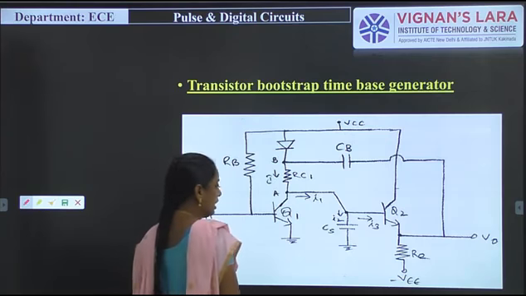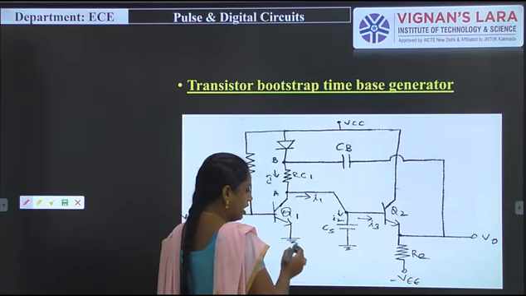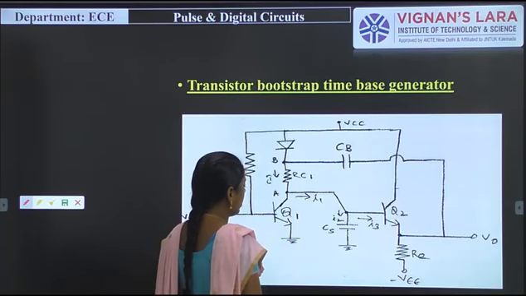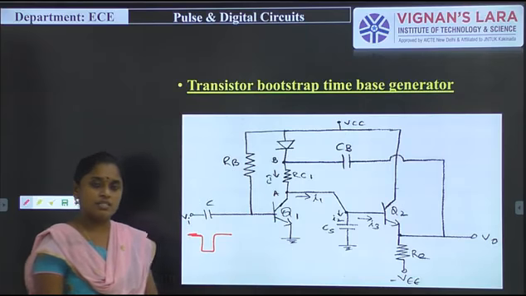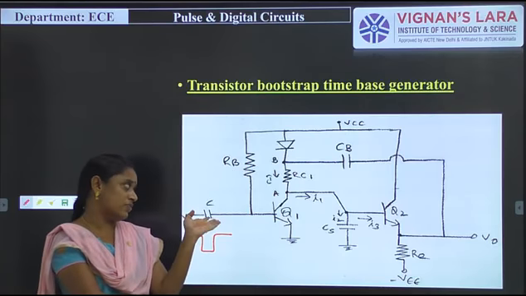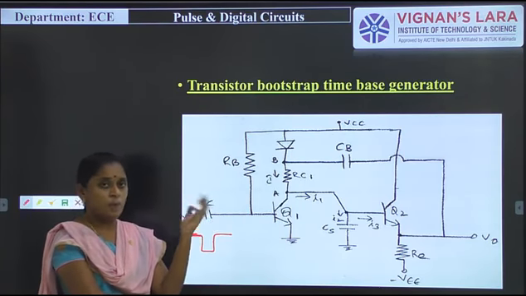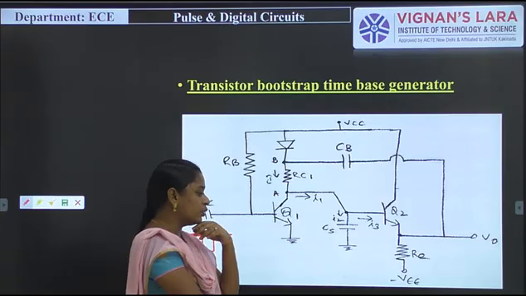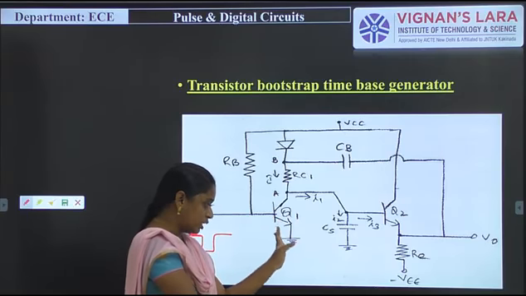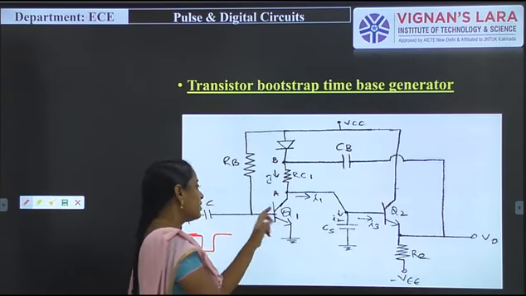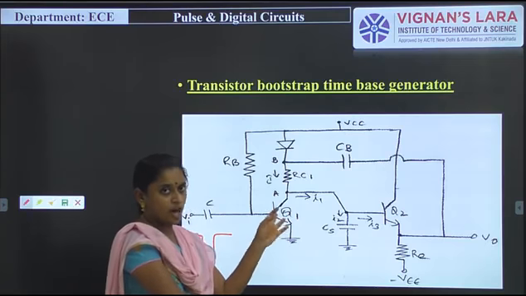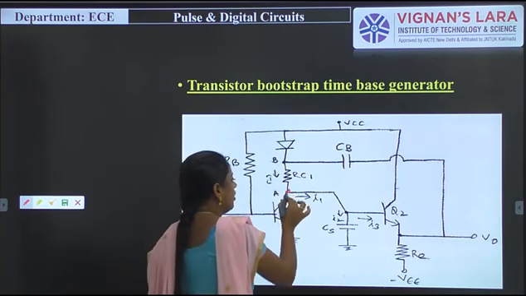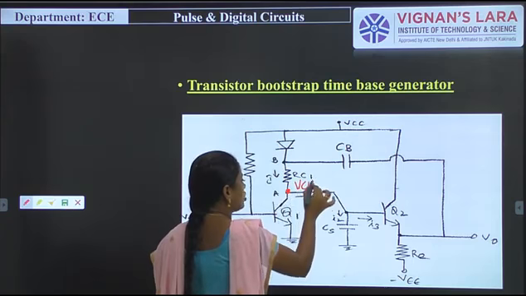When Q1 is in on condition, the input voltage for transistor Q1 goes to on condition, that is VBE saturation, 0.7 for silicon and 0.3 volts for germanium. This voltage is given to transistor Q2, but actually when transistor Q1 is in on condition, what is the VA? VA becomes VCE saturation.